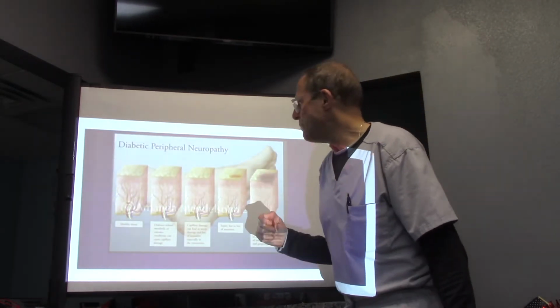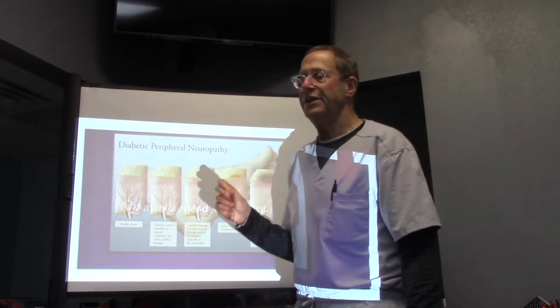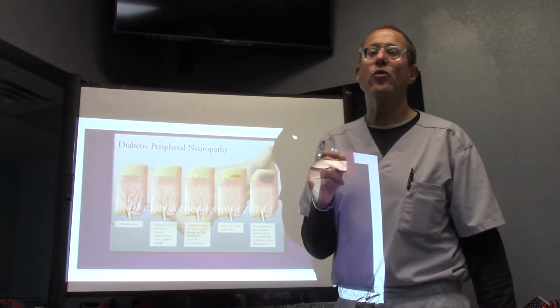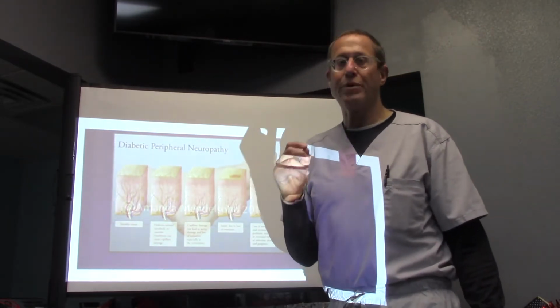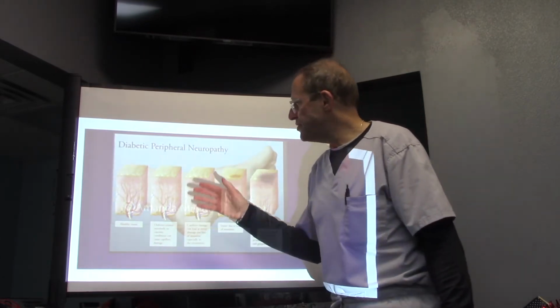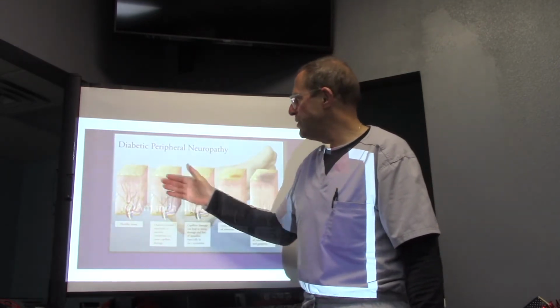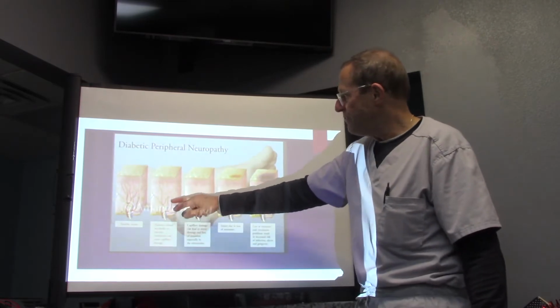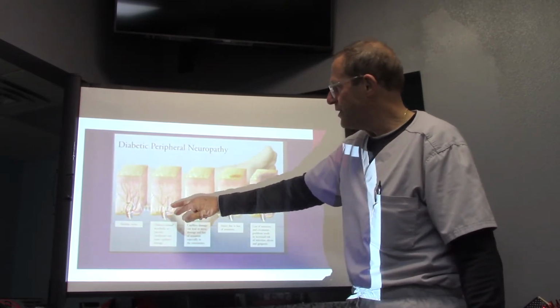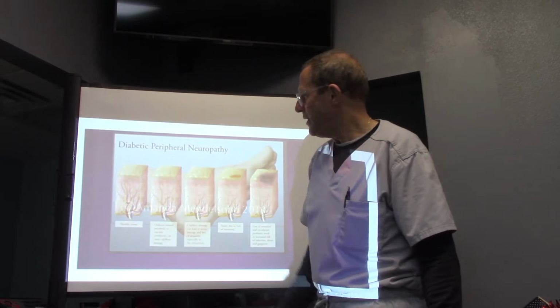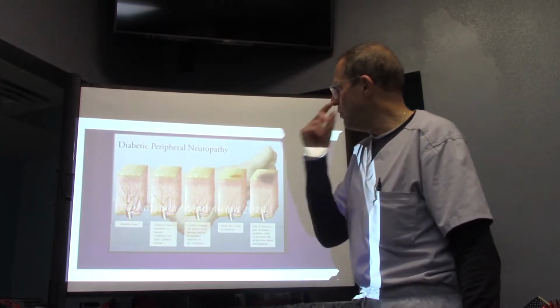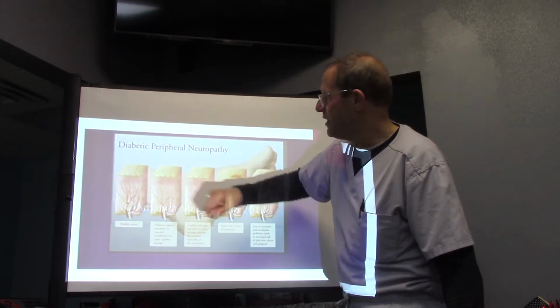Diabetic peripheral neuropathy. With diabetes, which is the most common form of a peripheral or polyneuropathy, what happens is the nerves are affected because mainly the blood vessels are affected. So you have a decrease. The red is the capillaries, the veins are represented by the blue, and then the yellow over here are the nerves.